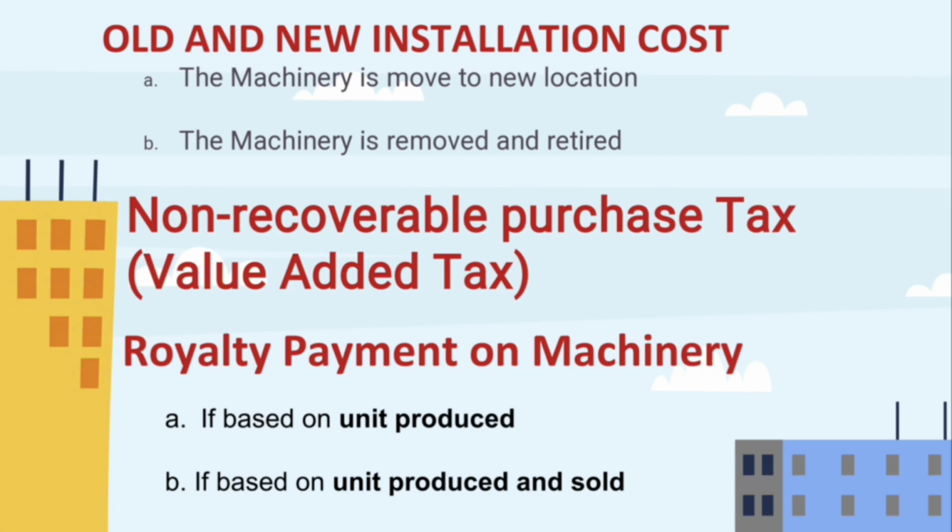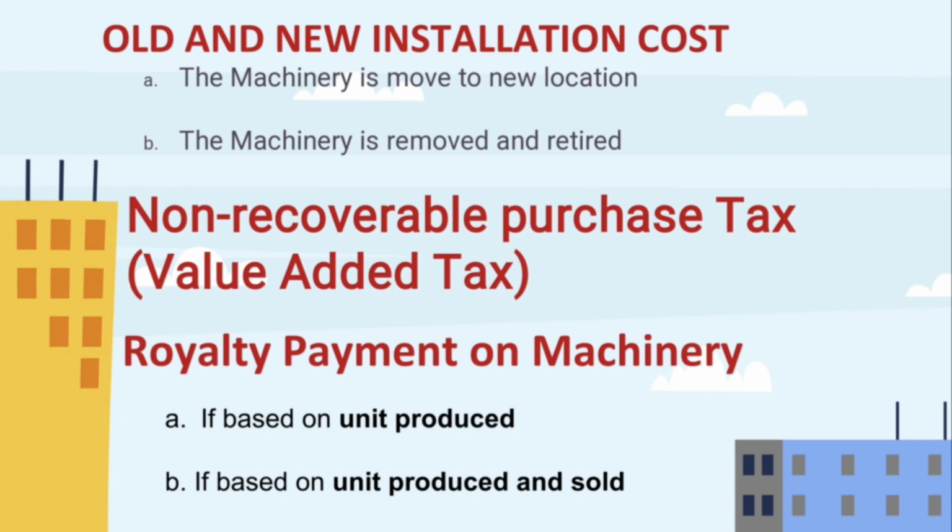So for non-recoverable purchase tax, example, value-added tax, for VAT registered entities or value-added tax registered entities, value-added tax on purchases isn't part of the asset's cost but is recorded as input tax, which is offset against output tax. And as for non-VAT entities, VAT paid on acquiring property, plant, and equipment cannot be recovered.